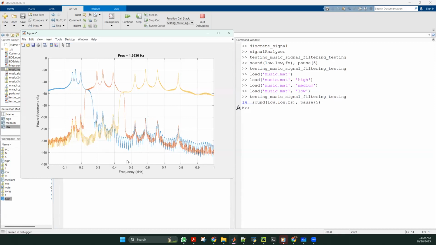In general, if the value of the signal is below maybe minus 50, minus 60, you can't hear those frequencies. It is not audible for the human ears. So only the signals in this frequency range will you hear under this blue sound.